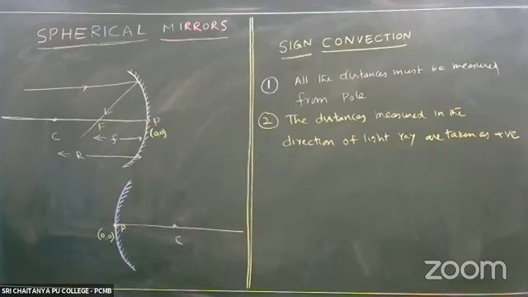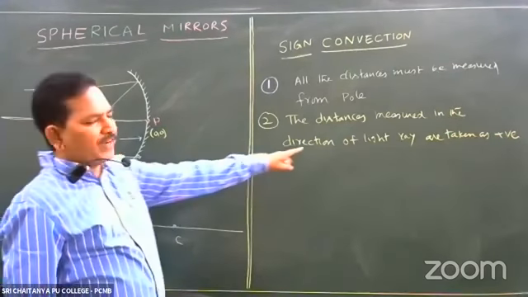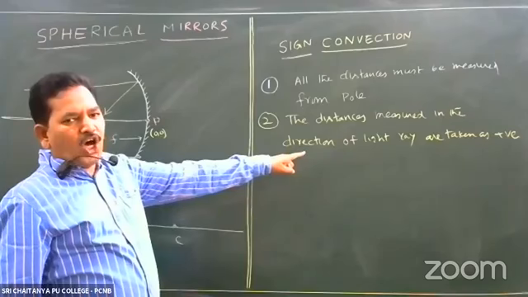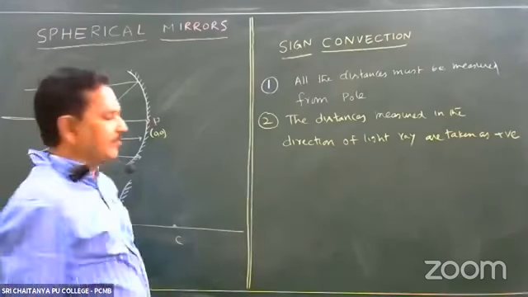Either the center of curvature, radius of curvature, object distance, image distance, the distances which are measured in the direction of light ray are taken as positive.